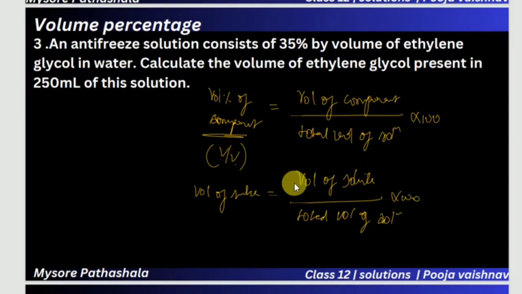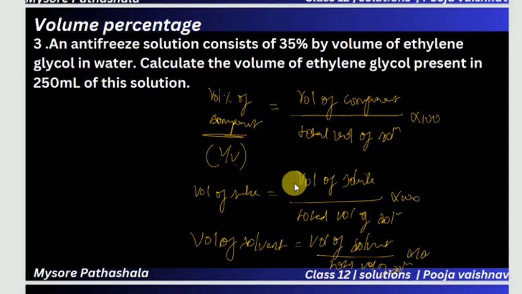And similarly, if I want the volume percentage of solvent, then volume of solvent divided by total volume of solution into 100. This is the formula. Okay, so I'll rub it out.